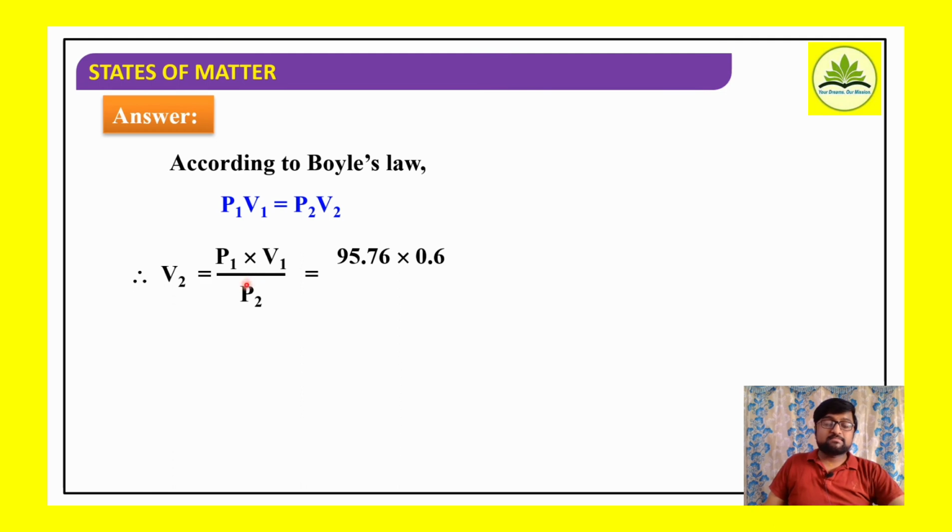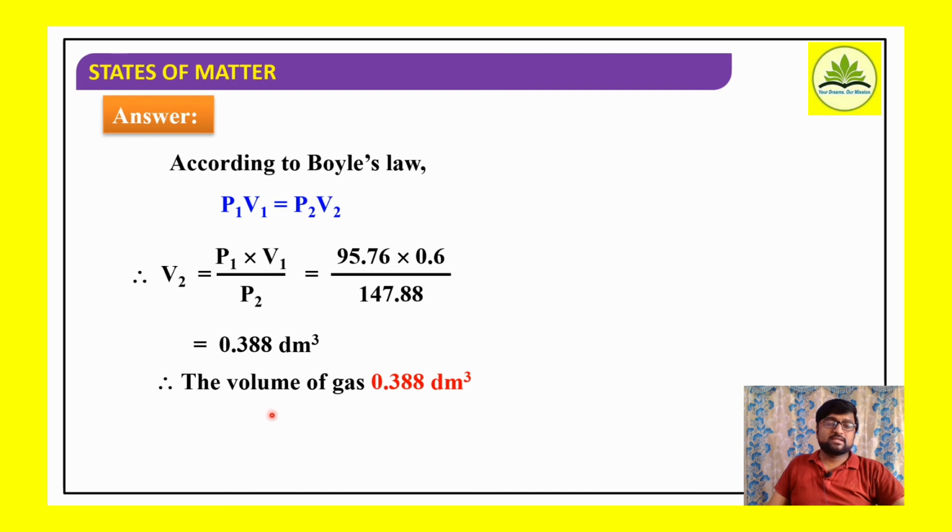Remember this please. P1 95.76 into V1 0.6 divided by P2, 147.88. If you simplify, the answer will be 0.388 dm cube. So the volume of the gas will be 0.388 dm cube, or you can say liter.